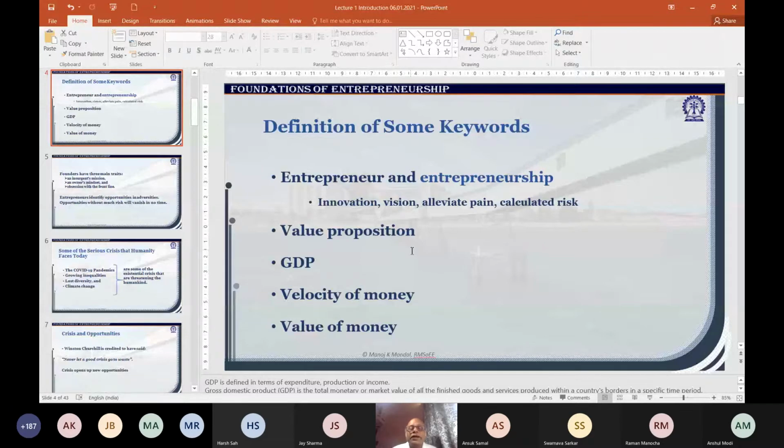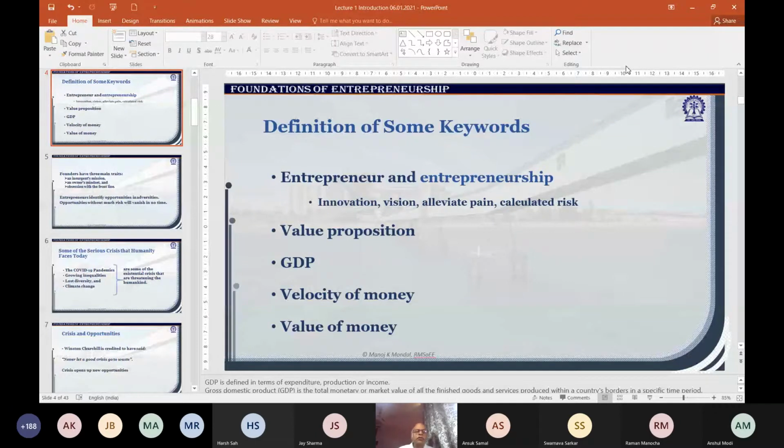So whichever way we look at it, it is superior compared to whatever is available, which means that you are providing a product that has better value compared to whatever is being provided by existing competitors. This is called value proposition. The package of values that you have packaged in your offering is called value proposition.